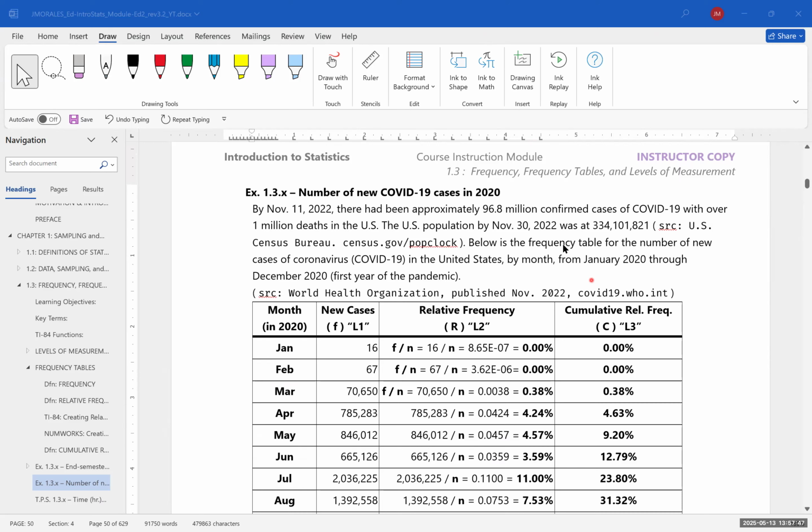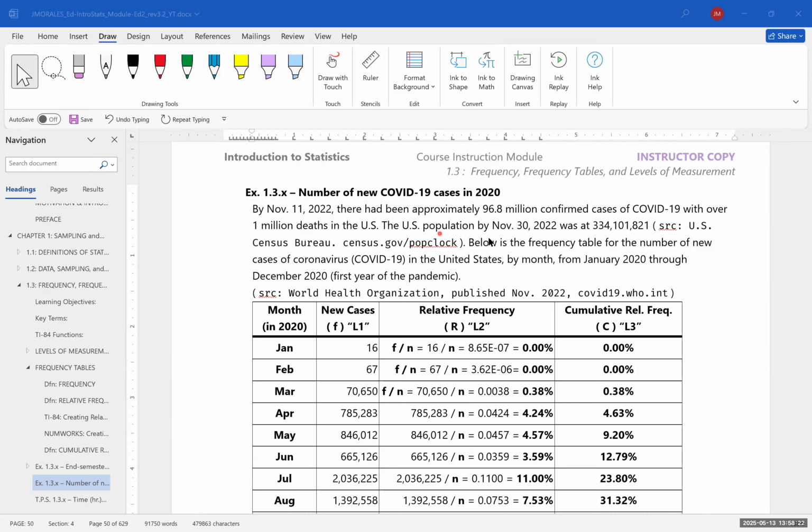But what I like about this example is that it is pretty relevant to what a lot of us experienced during the COVID-19 pandemic that we lived through. So this is some data from the COVID-19 cases in 2020. By November 11th, 2022, there had been approximately 96.8 million confirmed cases of COVID-19 with over 1 million deaths in the United States.